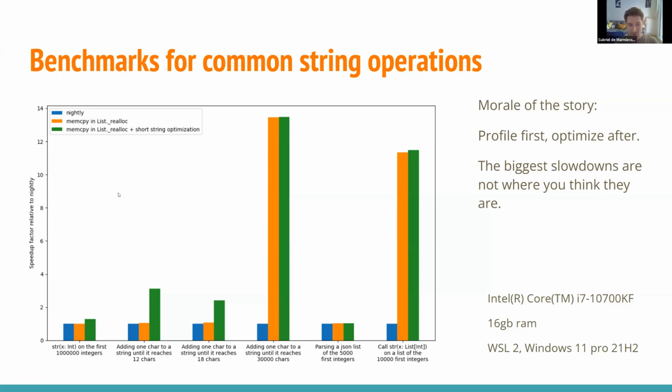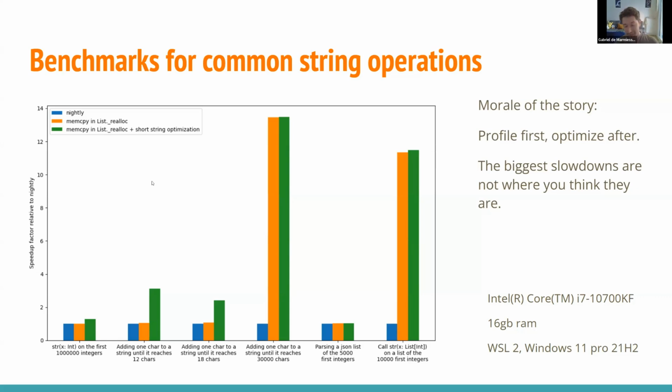Everyone nowadays has SIMD on their CPUs, and SIMD allows you to load a bunch of bytes at once and copy them at once too. For this, there is memcpy, which does exactly this. In the standard library, memcpy copies 32 bytes by 32 bytes. If we do this instead of copying byte by byte, we get huge speedups, way bigger than with short string optimization.